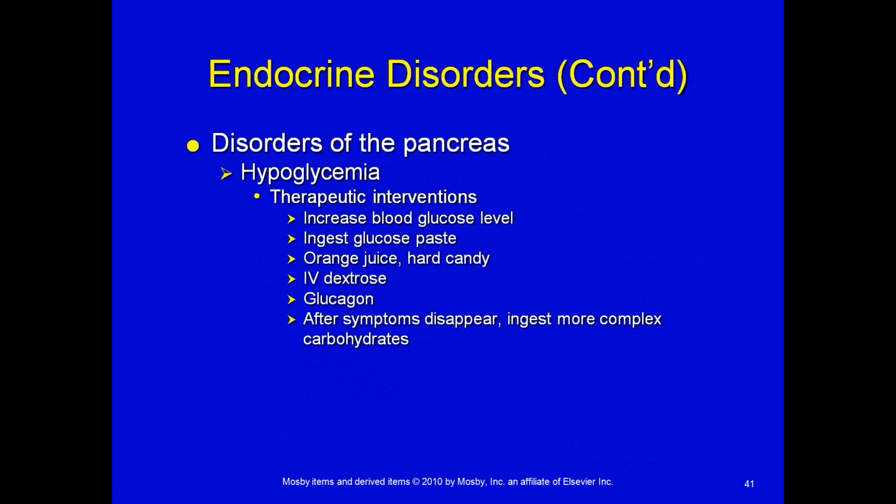Glucagon is a hormone that the body produces, and if we're unable to get an IV established and we're trying to raise the blood glucose in somebody whose mental status is altered to the point where they can't swallow, giving them 1 milligram of glucagon IM, the glucagon will get into the bloodstream and travel to the liver, and if the liver has sugar stores in it, it will cause the glycogen in the liver to be broken down to glucose, where it can be used in the cell.